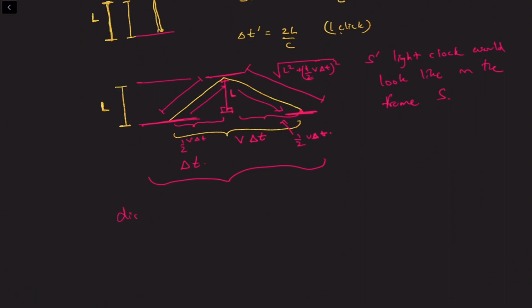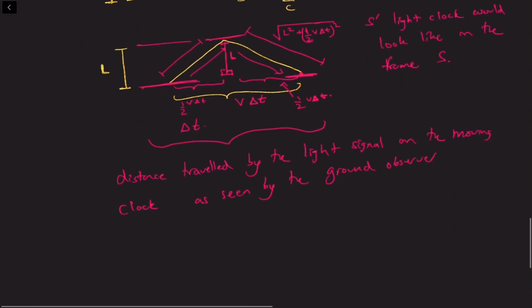The distance traveled by the light signal on the train, as seen by the ground observer, or as seen on the moving clock, appears to be twice the square root of L squared plus (half v delta t) squared.